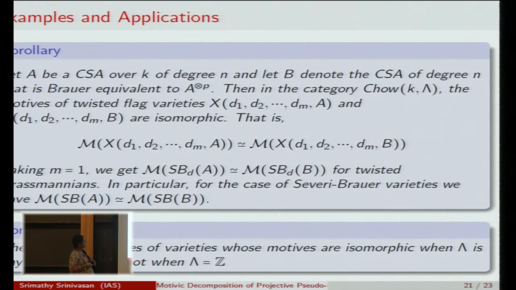But then you can always find a central simple algebra of order not dividing p squared minus 1 in the Brauer class, and you get examples of varieties whose motives are isomorphic for any finite field coefficients, but not for Z coefficients. Okay, so this is an interesting example.